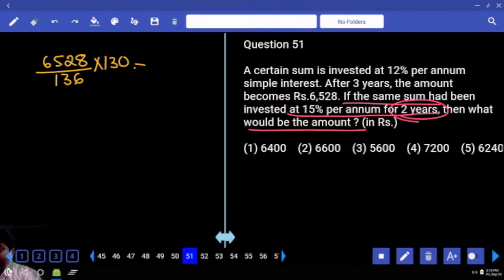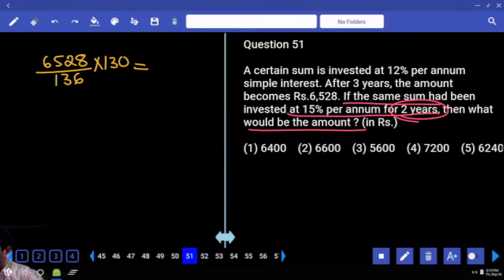In the numerator, how many zeros are there? 1. In the denominator, do you have any zeros? Fine. So a 5 multiple is there in the numerator. Leaving this 0 in the numerator, do you have any 5 multiples? No. So in the answer, how many zeros may come?